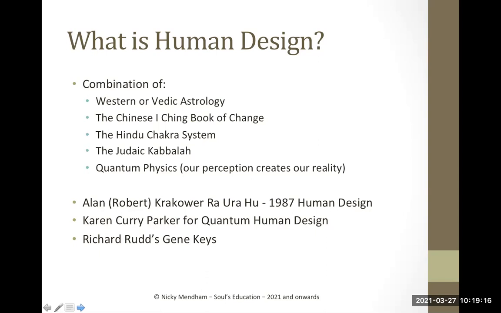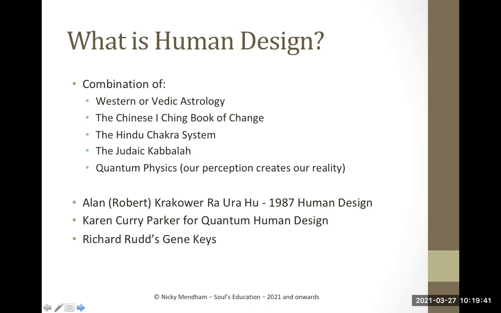It's a combination of Western or Vedic astrology, typically Western, and also the Chinese I Ching Book of Change, the Kabbalah system, the Hindu chakra system, and also quantum physics. For the purpose of this video, I'm going to be using Karen Curry Parker's language.